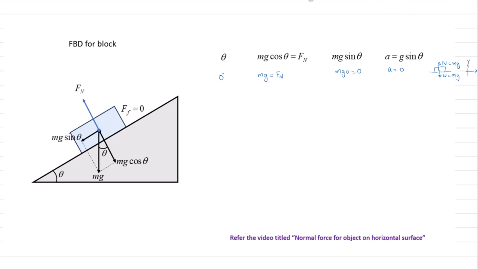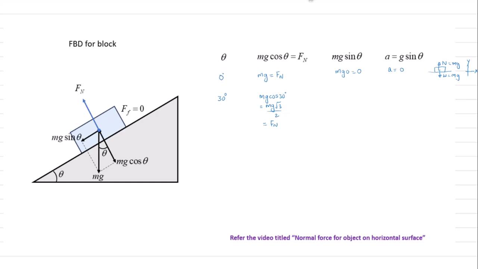Now let's take another case. Let's say where we have theta equals 30 degree angle of inclination. So the normal component of the weight will be mg cos 30. So that will be equal to mg root 3 over 2. And that will also be the Fn, the normal force.